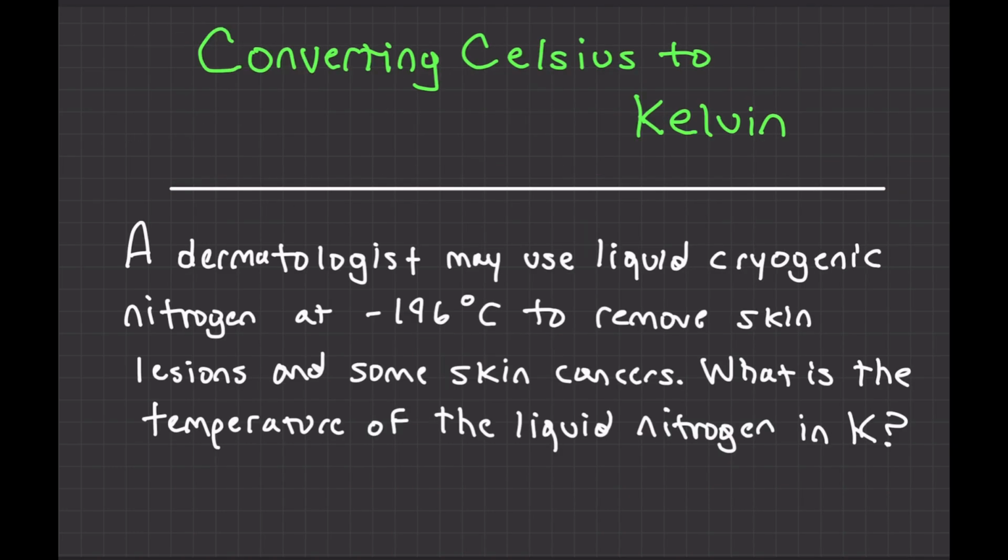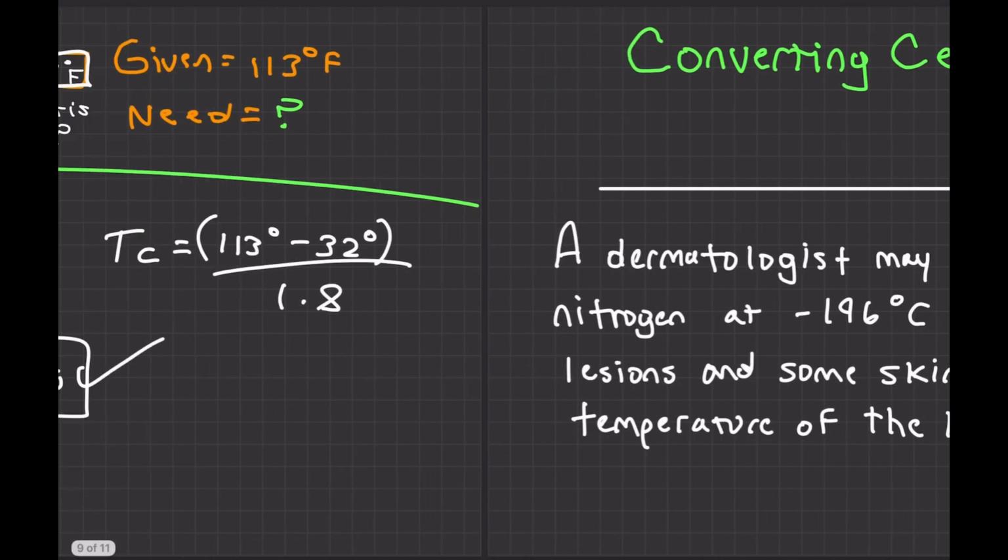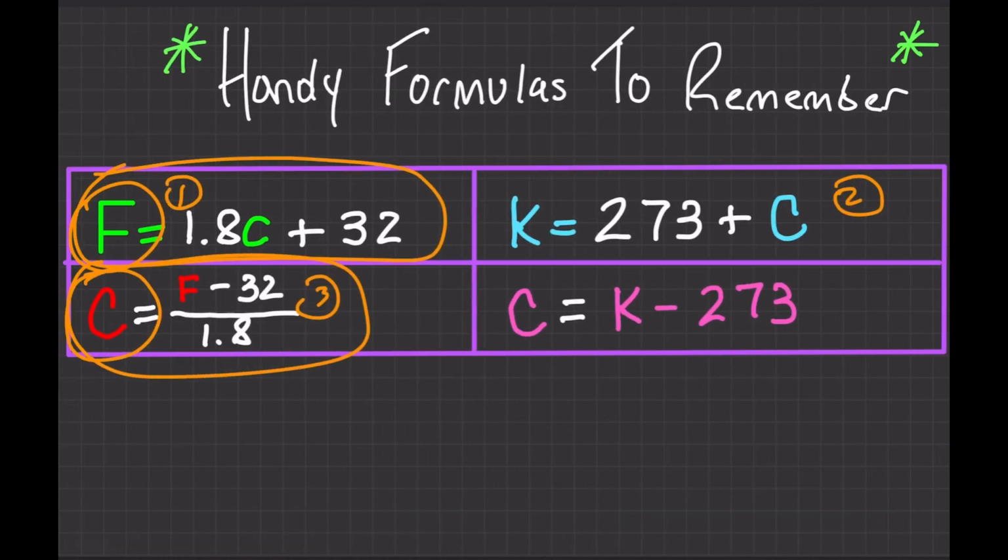Let's try this one. A dermatologist may use liquid cryogenic nitrogen at negative 196 degrees Celsius to remove skin lesions and some skin cancers. What is the temperature of the liquid nitrogen in K, which is Kelvin? So let's work this one out. So if we go back to our handy equations, what will we be using?